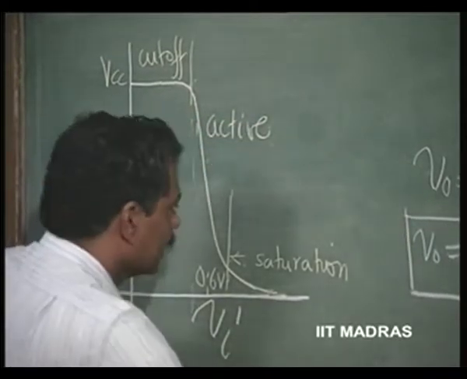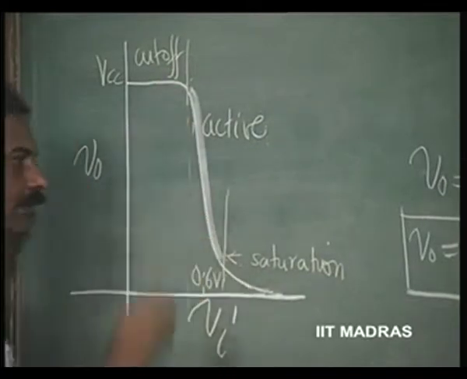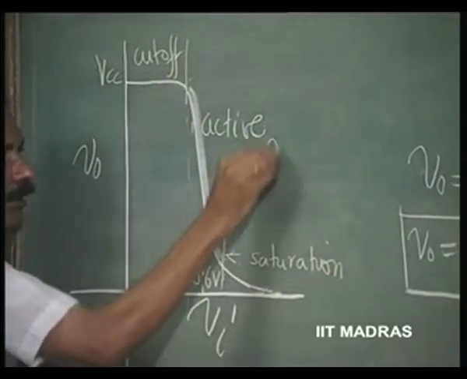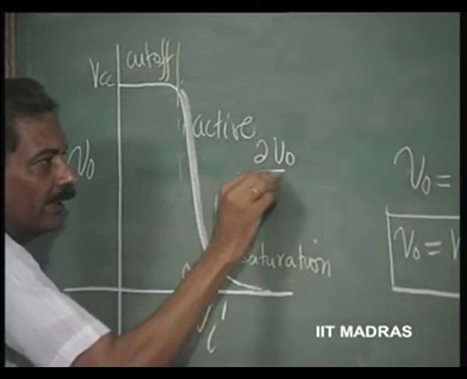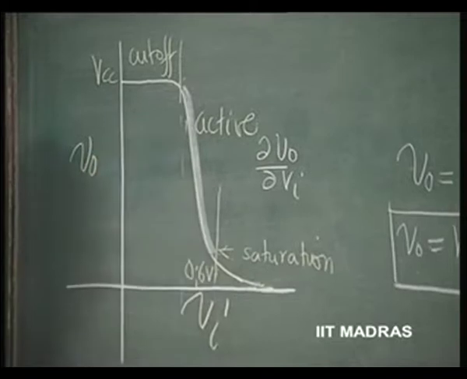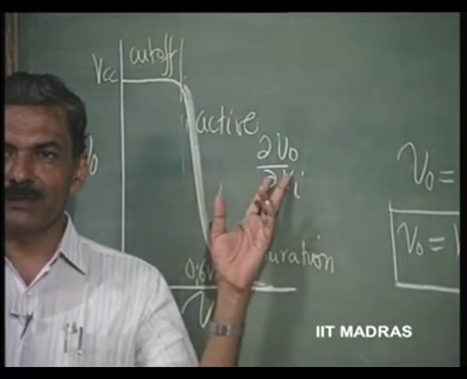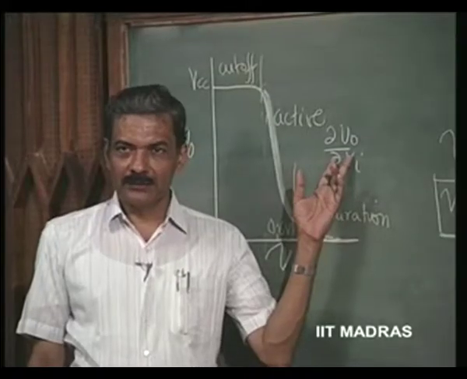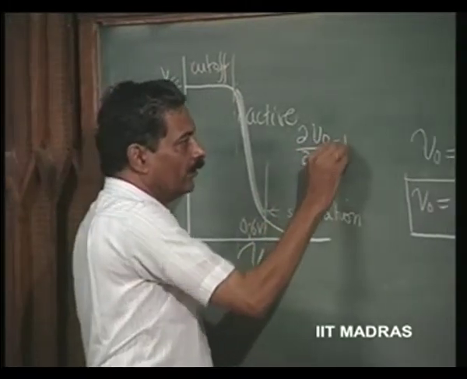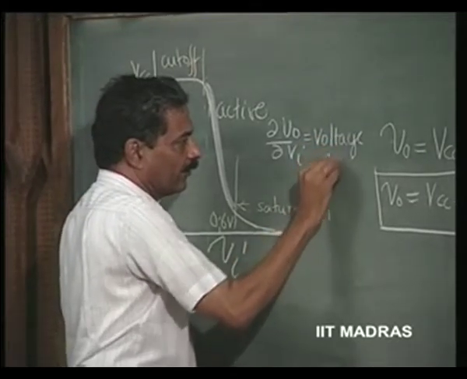This region is of interest to us, where delta V naught by delta Vi is nothing but the slope. For a change in input voltage, the change in output voltage is called the voltage gain for the amplifier.